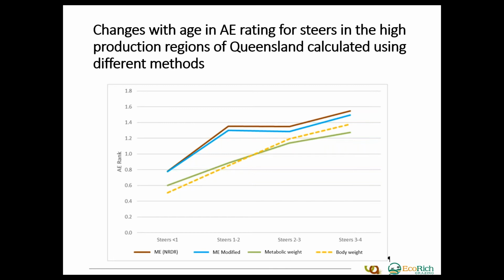And for users that have good diet quality information, that want to accurately predict animals in, say, a research situation, would be best using quick intake. But for forage budgets, applying an intake constant per AE will be sufficient.